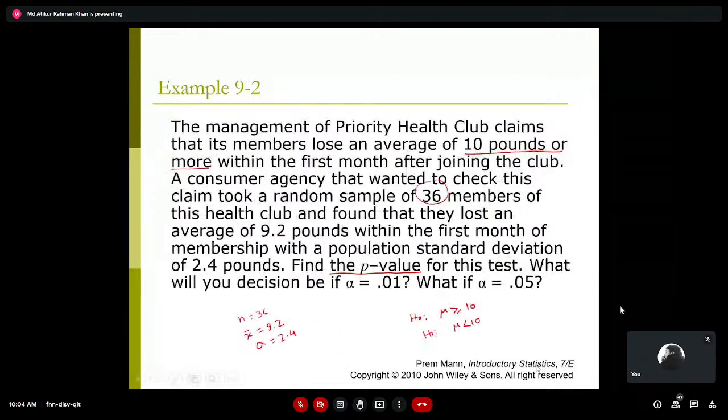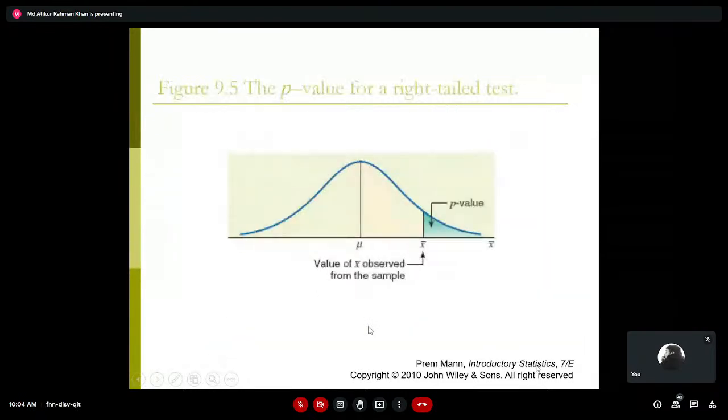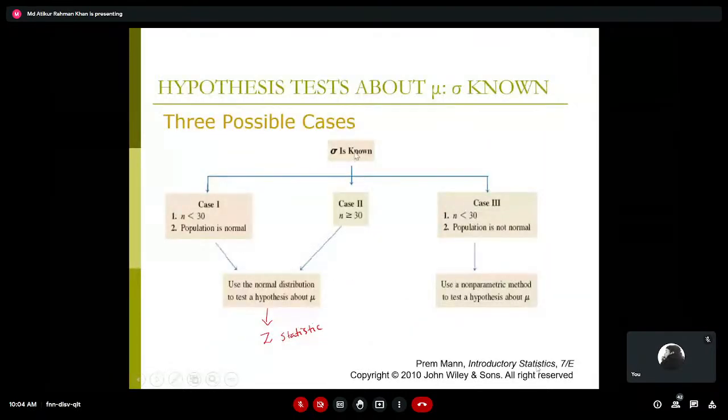Think about that: sigma is known, n greater than or equal to 30. So we'll be using normal distribution, right? We use normal distribution and calculate the Z statistic.